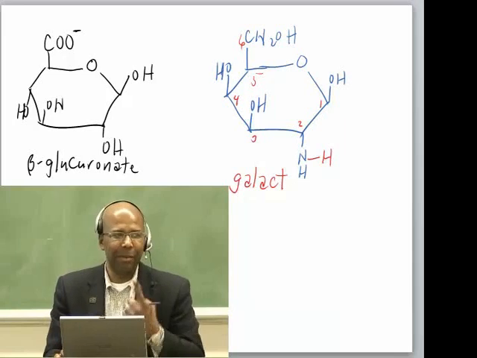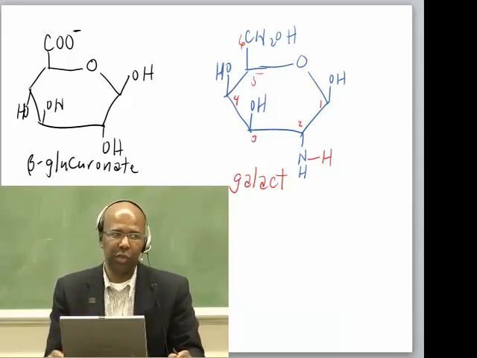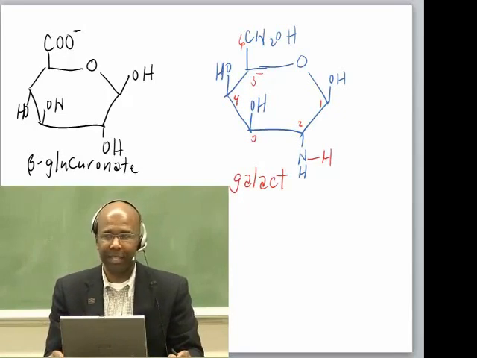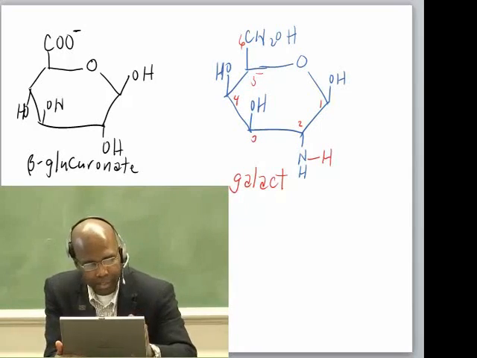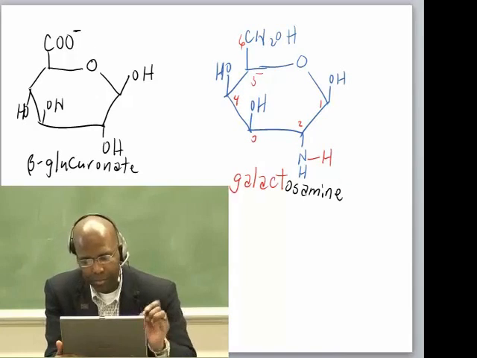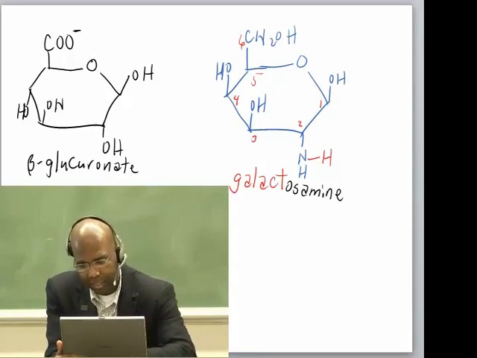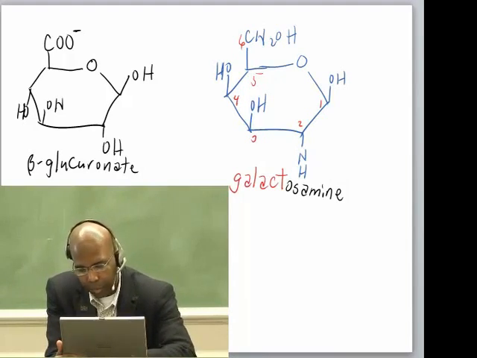What is the name of this sugar derivative if you put an amino group onto galactose? Galactosamine, exactly. This is galactose, and this is galactosamine. Now I'm going to do one more thing to this. I'm going to erase this, and nothing is going to be red now because we're going to keep everything.